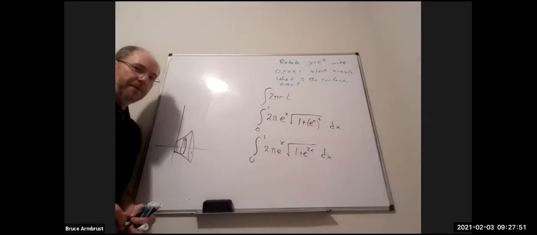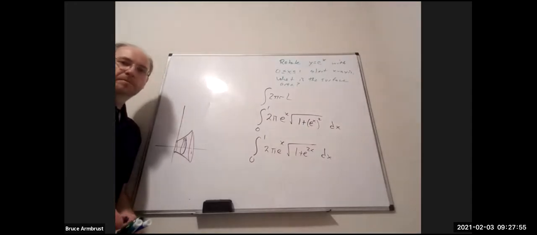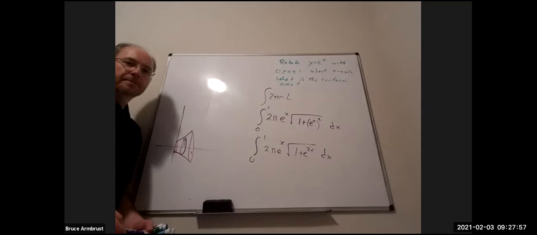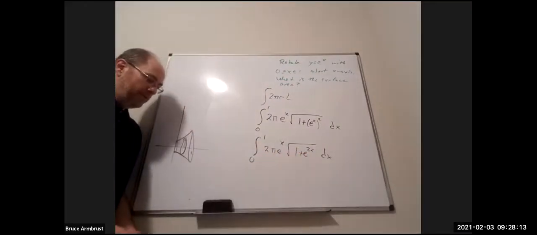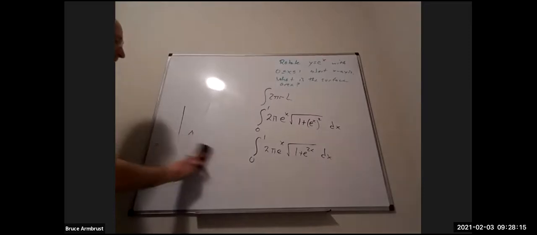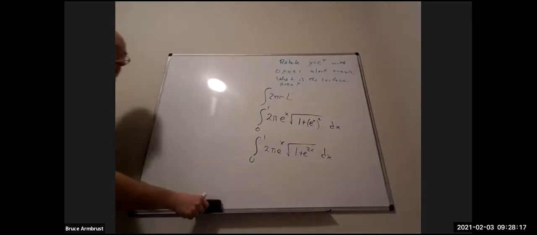What technique do you think might work here? U substitution? I think U substitution is a really good call. Maybe let's replace all of that stuff inside the square root with a U. Let's see what happens if we do that.